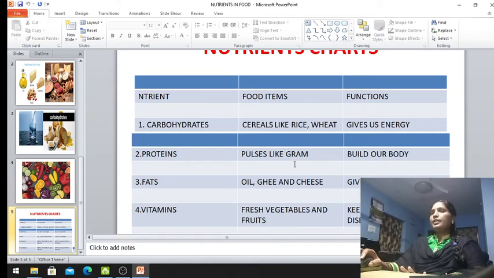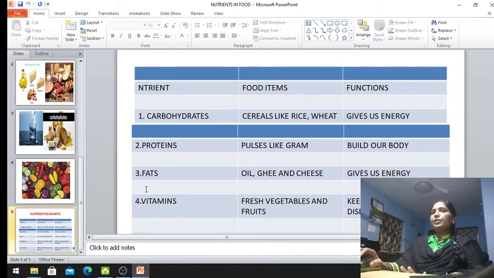Proteins are present in pulses like grams, Bengal gram, black gram, green gram, rajma. All these pulses have a nutrient called protein. Proteins help us to build our body and to grow our muscles.